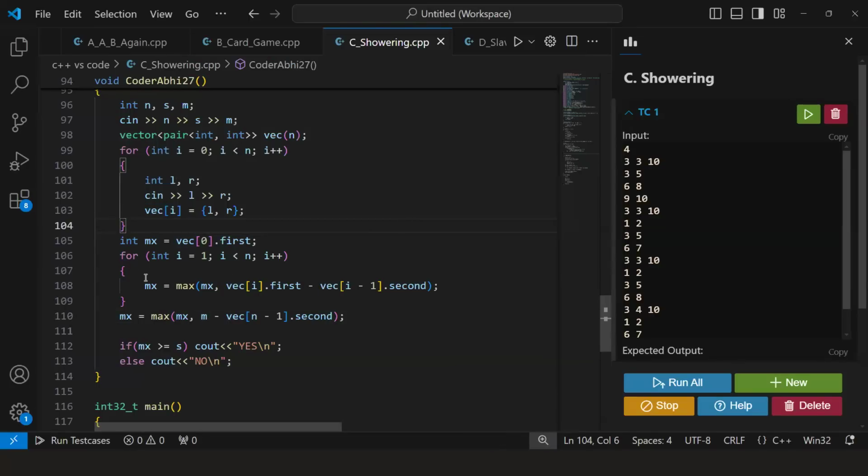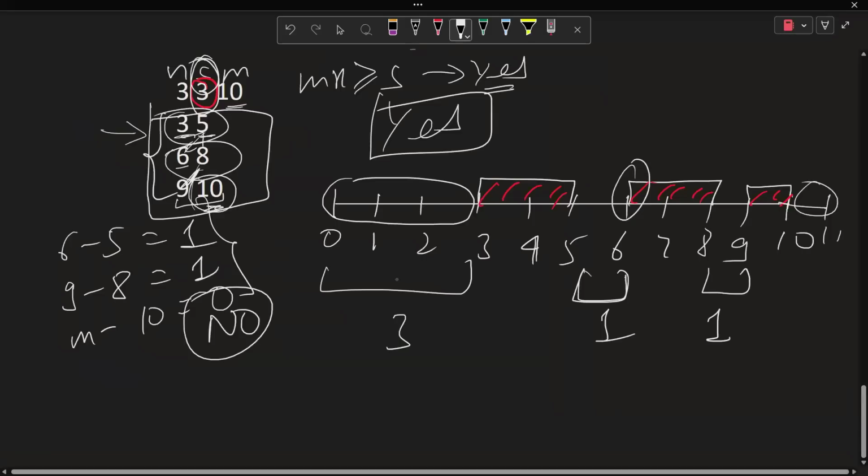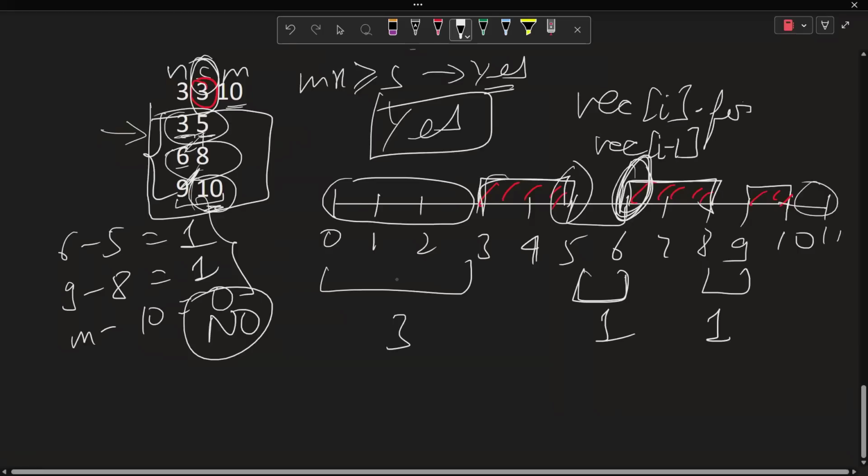And then we are iterating through every value. What was the gap that we had? The gap we had was between the start of the next interval and the end of the previous interval. If vec I represents this interval, then dot first would give us the left side, and vec I minus 1 would represent the previous interval, and dot second would give us the end of that. So the difference between these two is the gap.